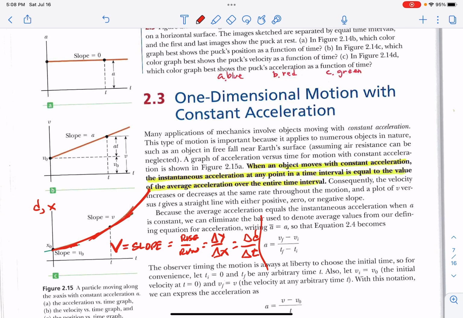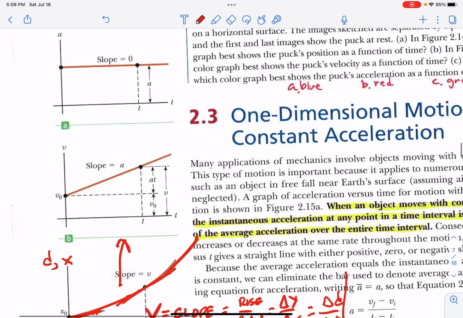Now, if we were to graph the slopes of these lines representing velocity versus time, we might get a straight line. And because we have a straight line, that means we have a constant acceleration.